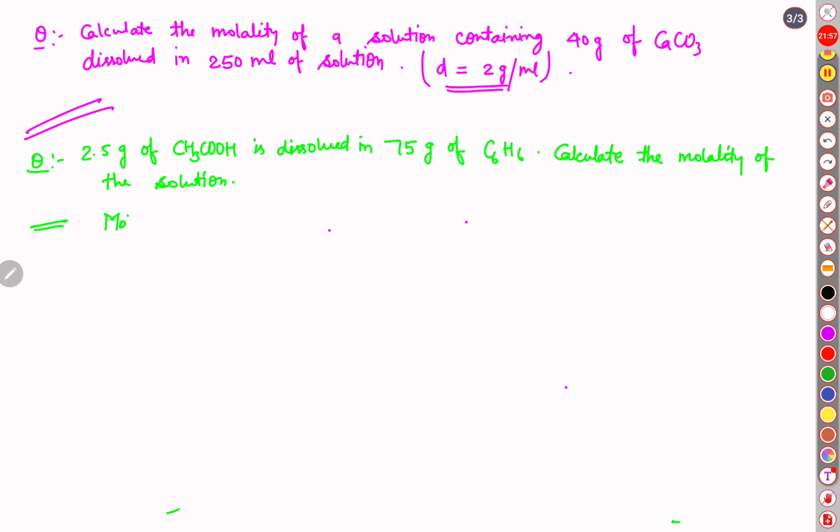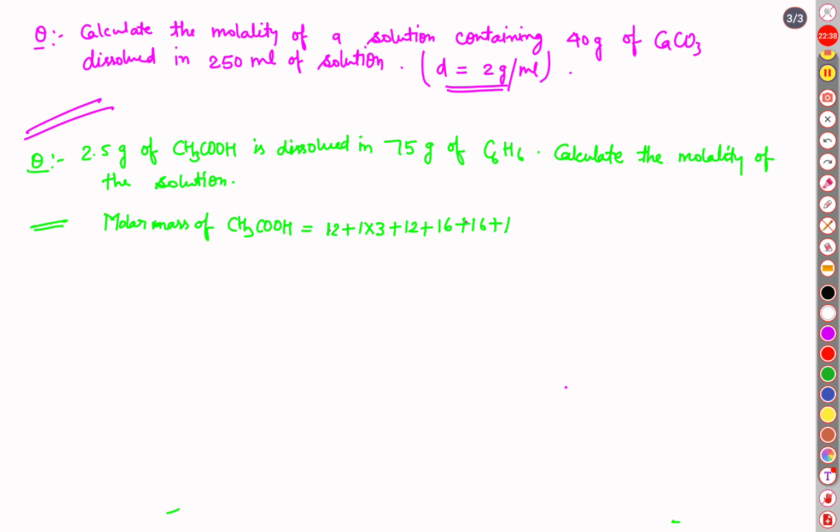Now molar mass of CH3COOH, means ethanoic acid, is equal to CH3: carbon value 12 plus H value 1 into 3, plus carbon 12 plus mass of oxygen 16 plus 16 plus 1. I hope you can understand. Then total value will be 60 gram.